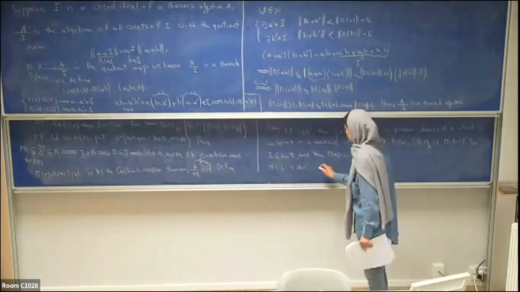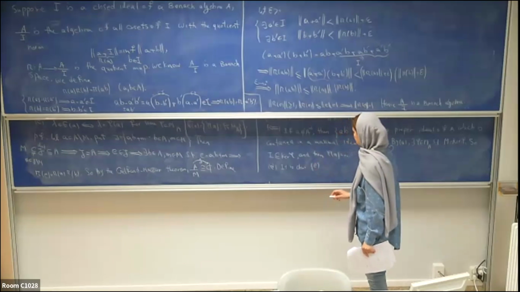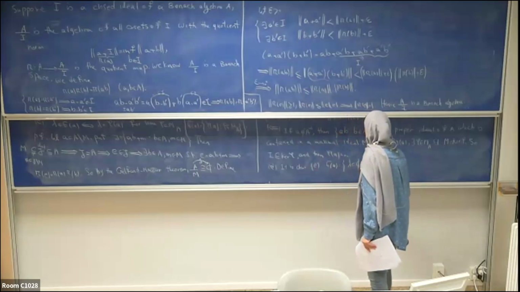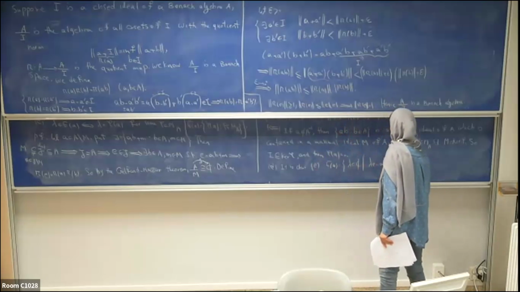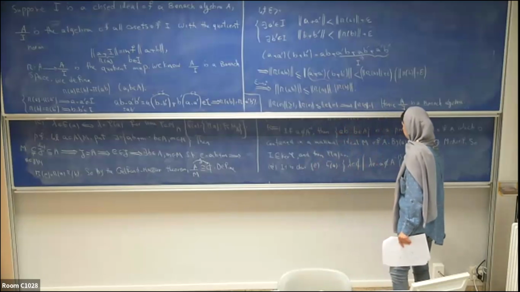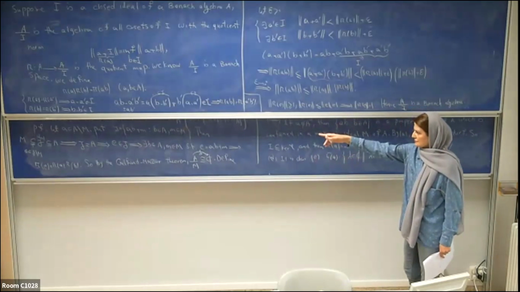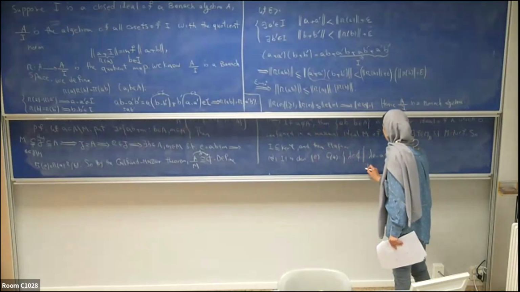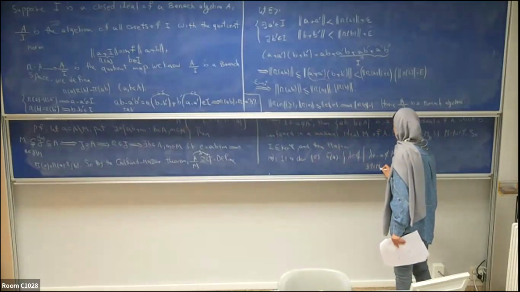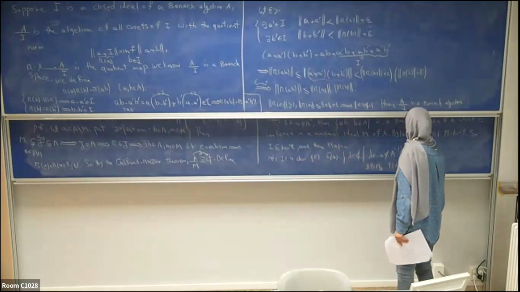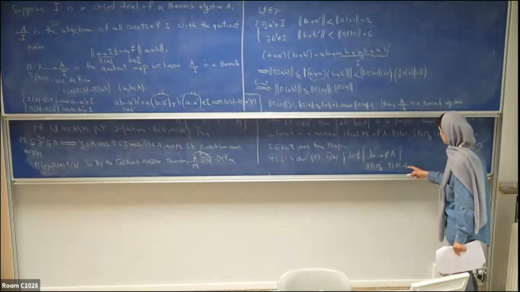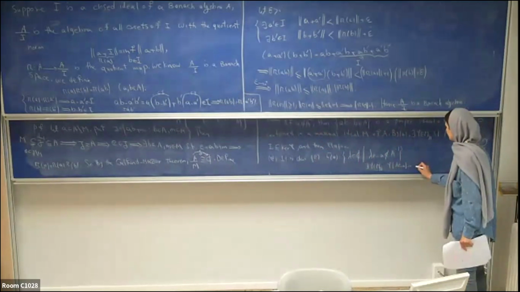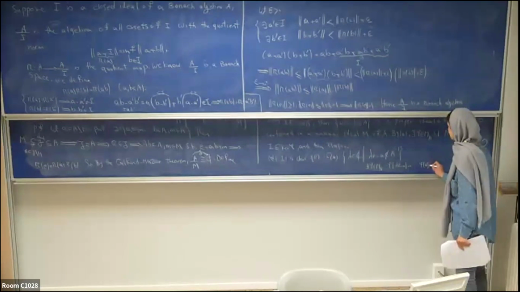And E, you know that the spectrum of A is the set of lambda in C such that lambda E minus A is not invertible. According to part B, if it's not invertible, it means that there exists phi in M of A such that phi of this element is 0. In other words, because phi is linear, we can say that phi of A is lambda.